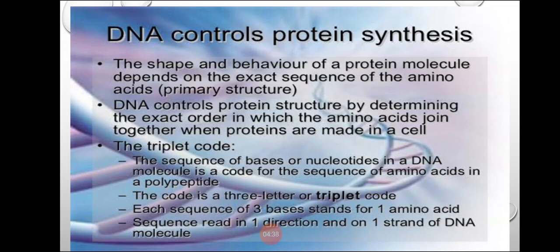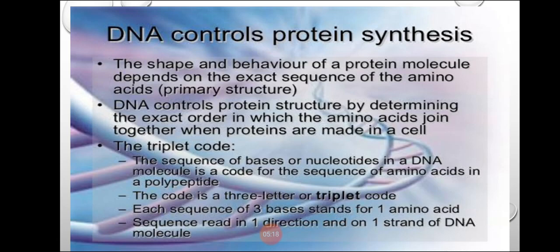This control is possible through transcription of mRNA, which we have already studied. Genetic code is specific for particular amino acids. A triplet code is there and a specific genetic code is present for specific amino acids. Because of this property, DNA controls the process of protein synthesis.